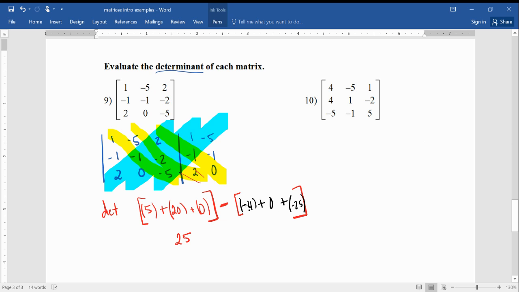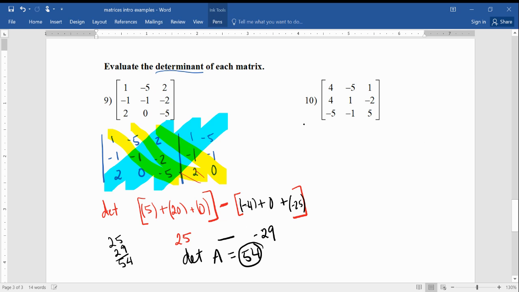So we got a -4 plus 0 plus -25. That's -29. And remember, it's still subtraction. So what happens with these is they get actually added together. So if we add these together, we'll get 54. So the determinant, I'm going to call it matrix A, is 54. So there's a 3 by 3 for you.